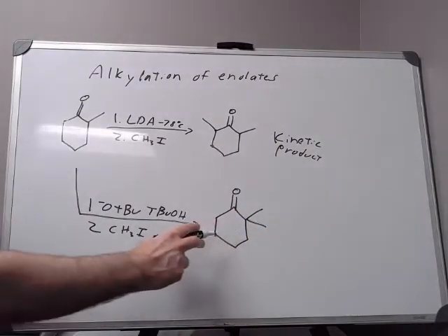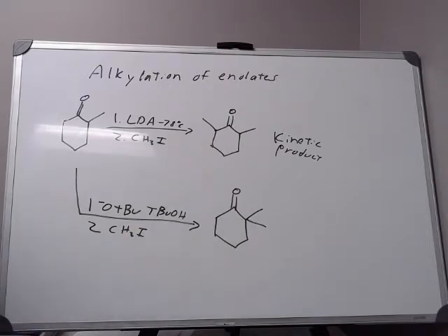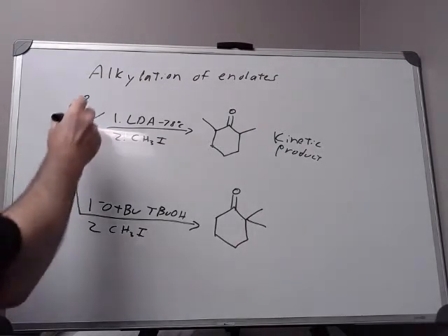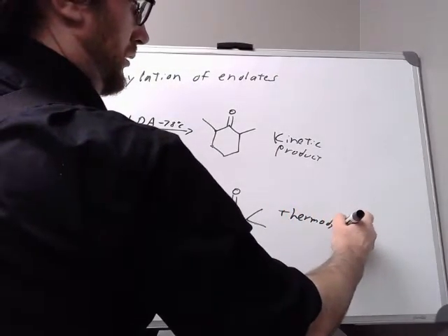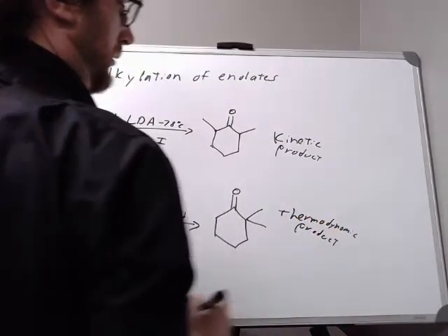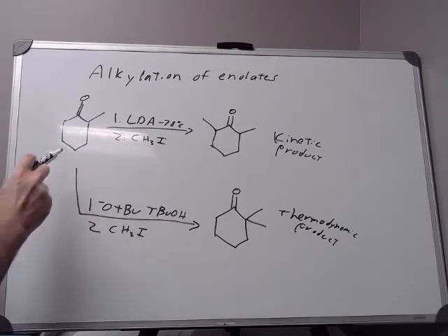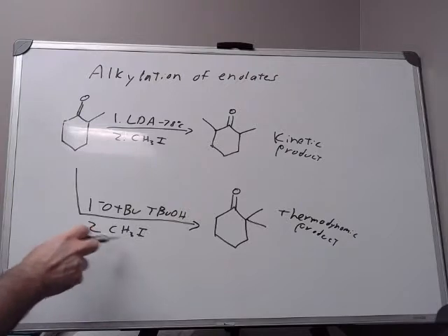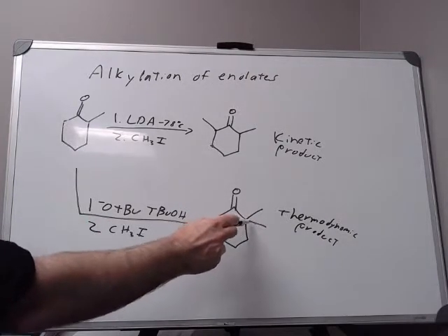Then we would form this ketone with the two methyl groups on the same alpha carbon, because this base, the tert-butoxide, would form the more stable thermodynamic enolate on this alpha carbon, and then that enolate would attack the methyl iodide through an SN2 reaction to add that methyl carbon to that alpha carbon.